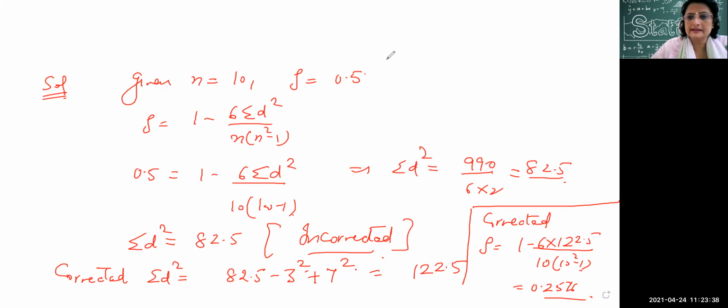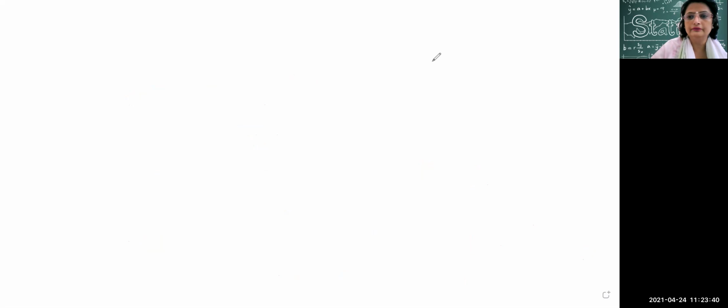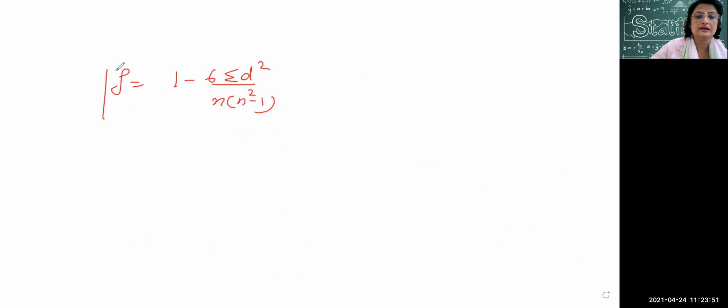So now the next is the derivation. Next article today we will do that: this value of rho, 1 minus summation d square into n square minus 1, how did it come? That is, what is the derivation?